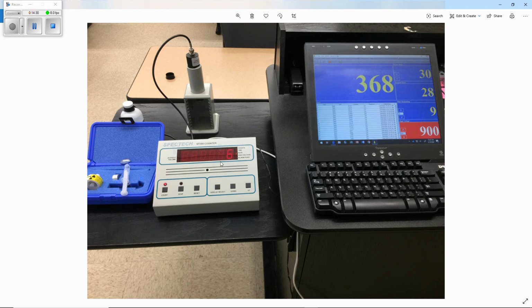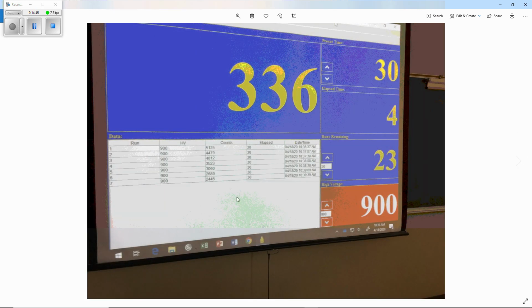Then we turn on the power. This is the interface. Then we connect to the computer and use the software. This number tells you how much decay. So here's the data.